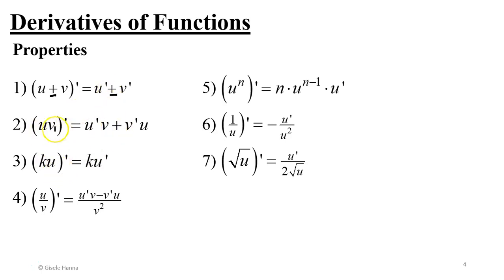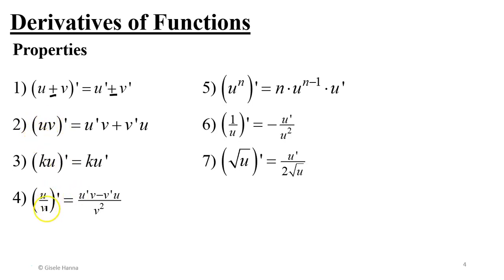However, if we move to the derivative of a product and the derivative of a quotient, the derivative of a product, u times v, is not u prime times v prime. The derivative of u times v is u prime v plus v prime u, which means it's the derivative of the first times the second plus the derivative of the second times the first.